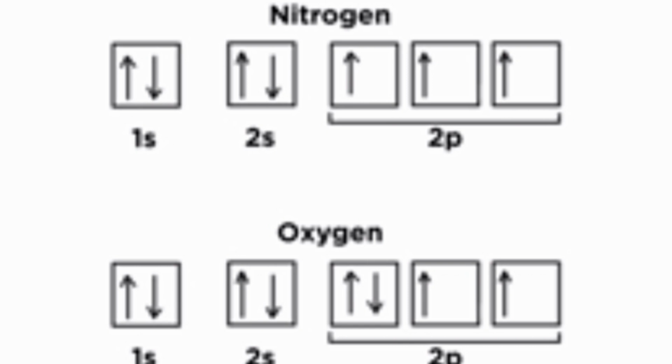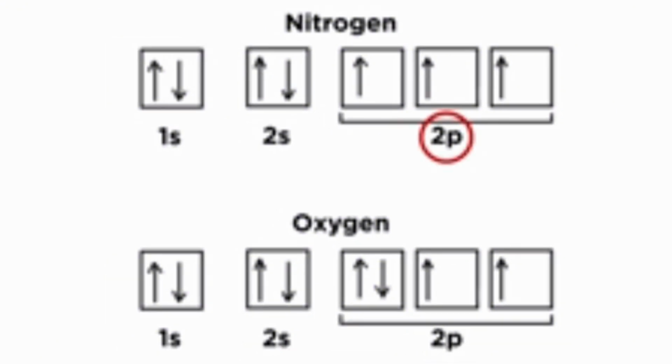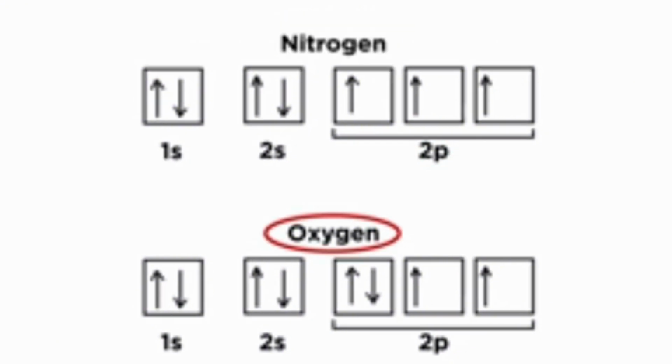As well as oxygen's. Notice that nitrogen's 2p orbitals are precisely half-filled. This gives nitrogen a special stability, just like elements that have a full outermost shell. If nitrogen loses an electron, it loses that special stability. But if oxygen loses an electron, it will gain the special stability.